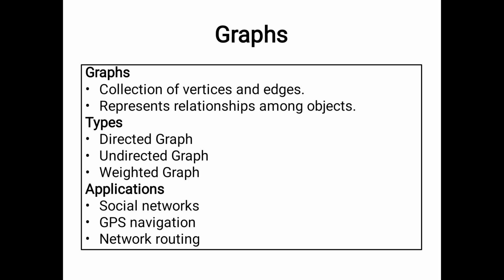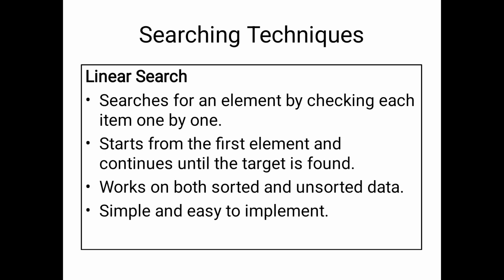In an undirected graph, the vertices are connected by edges without directions. In a weighted graph, the vertices are connected by edges that have some weight from source to destination. Graphs are used in social networks, GPS navigation, and network routing.